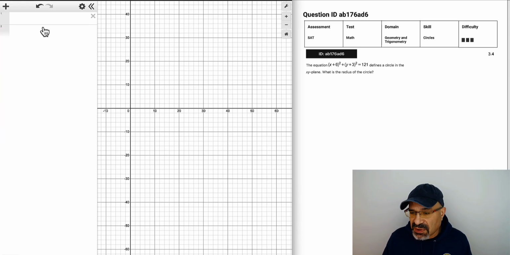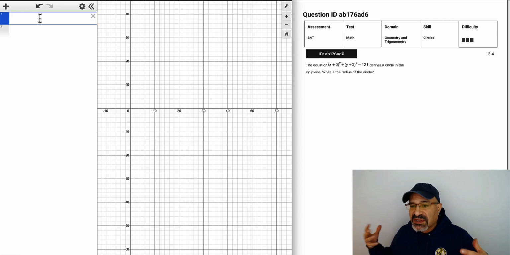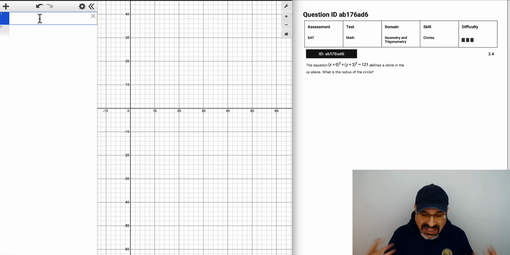Okay. Starting over here, we're given the equation of a circle, and we're asked what is the radius of the circle. Okay, trick question. I was getting all excited because you can just type in the equation for the circle and it'll give you the circle, and then you could deduce what the radius is by just looking at the diagram.